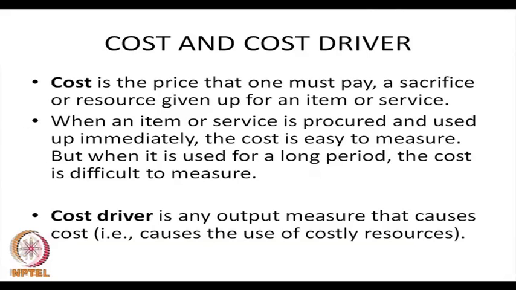These concepts will be clear in subsequent lectures, but today we are going to discuss how we can use the classification of cost into fixed and variable, and how to use them.